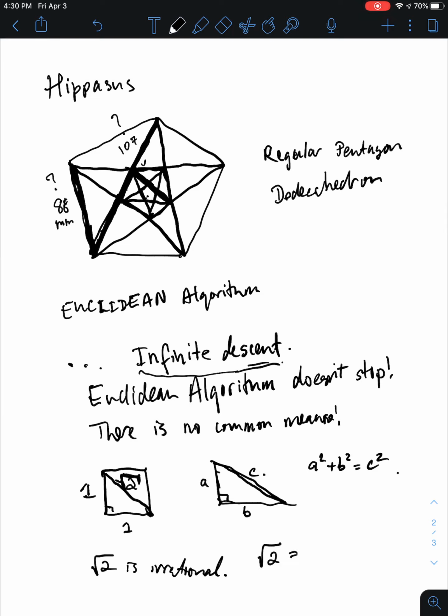So we do this by saying, okay, let's assume it is a rational number. Then what happens? Well, we have this equation that root 2 is a rational number. It's the quotient of A divided by B. And we square both sides, so 2 is A squared over B squared.